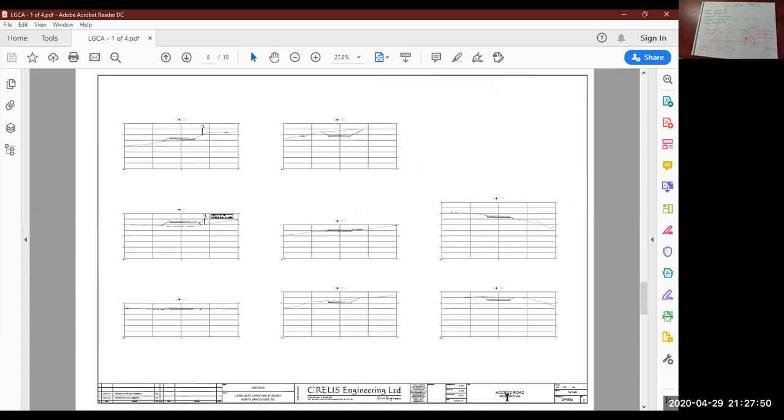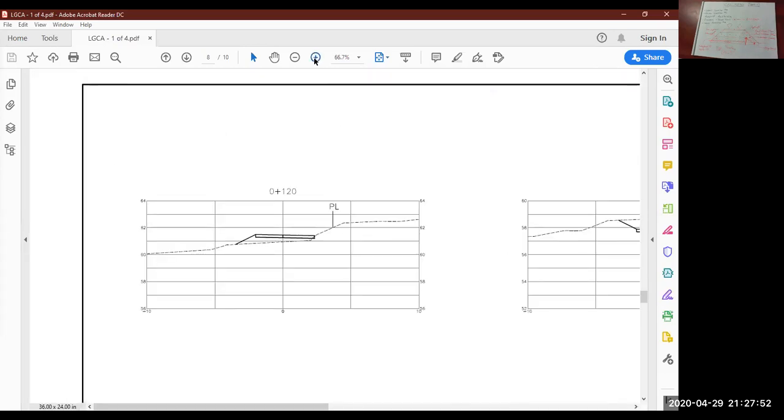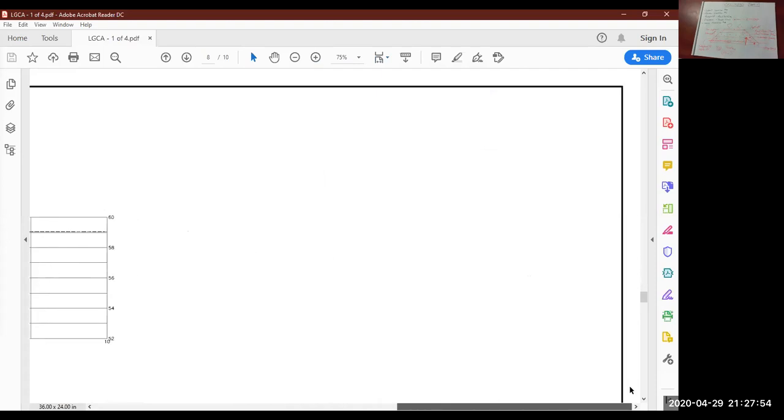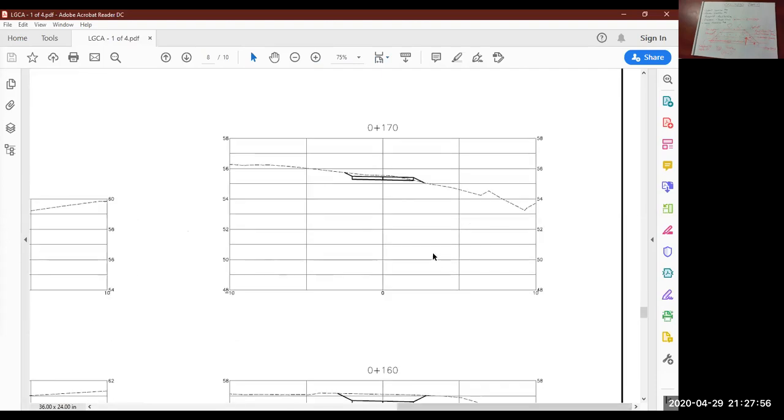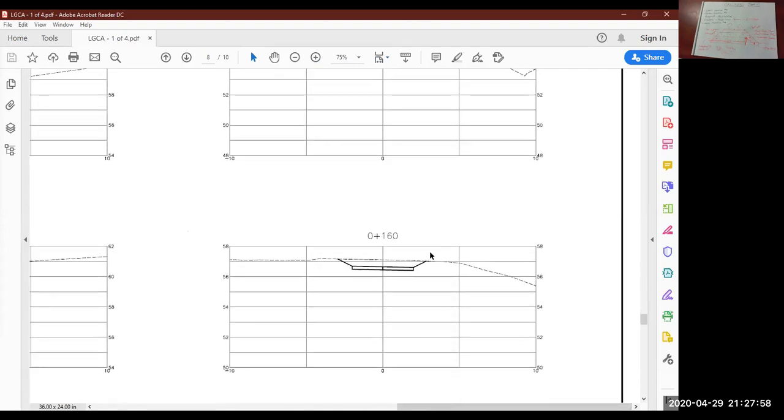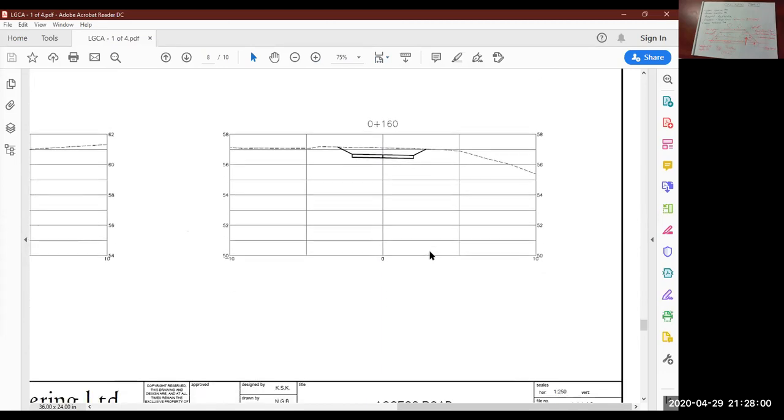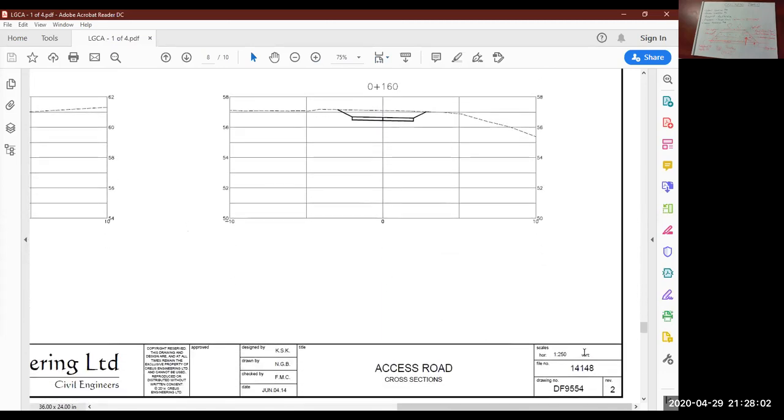Let me see if scale is shown in the bottom corner of the cross sections. Yeah, one of them's given. 250. Actually they might be both 250. Let me look at my hard copies here. Put my scale on it.